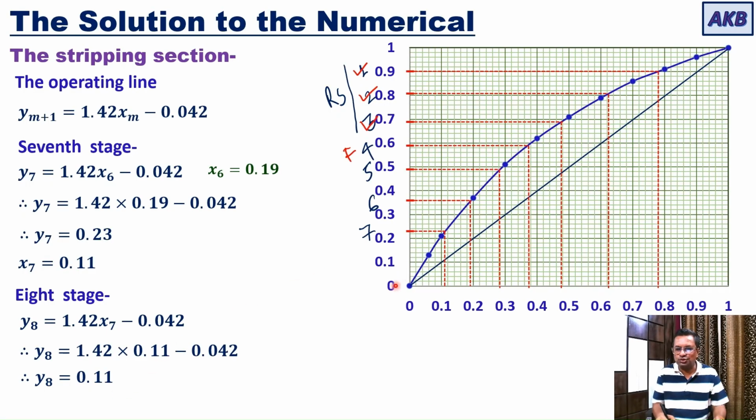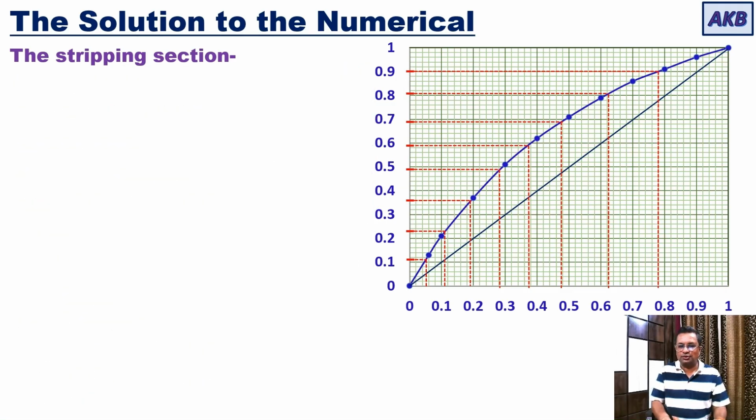And then I'll move on to the distribution diagram, locate y8 and find corresponding x8. x8 comes out to be 0.05. So this happens in the eighth stage. And you must have noticed now x has become less than xw, which is equal to 0.1. This suggests that we have reached the reboiler, and our calculations for the stripping section are completed.